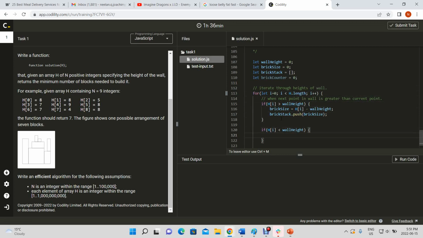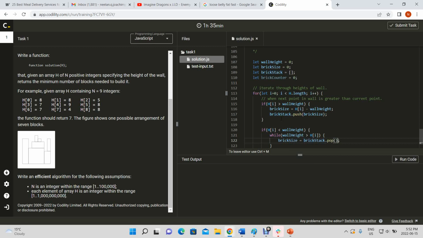All right, so now we're at our next point, and we have a special condition. So if h of the height is less than the wall height, while wall height is greater than h of I, what we're going to do is pop the brick, stack dot pop, and we'll store the brick size that's popped out.